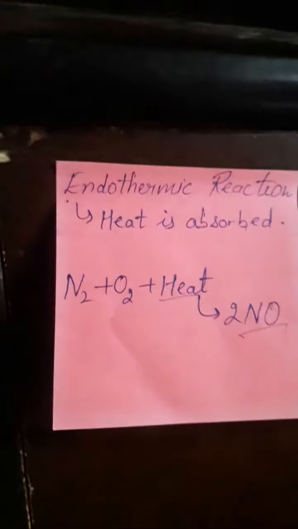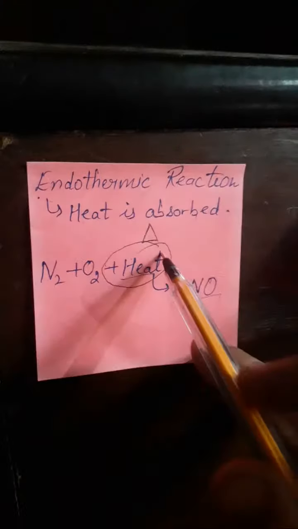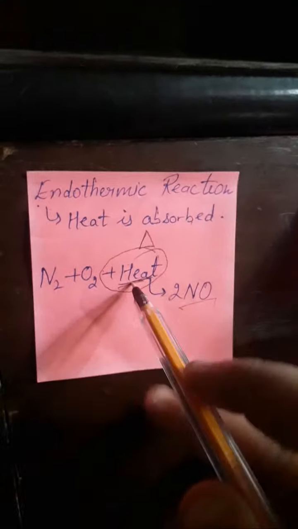In the last lecture I told you that if the reaction is endothermic, then there will be this symbol, which is also the symbol of heat, written on the reactant side. So this shows that this is an endothermic reaction. Heat is provided for the reaction to proceed.